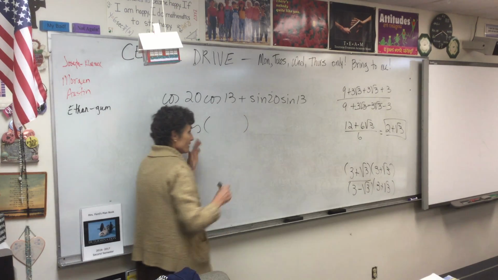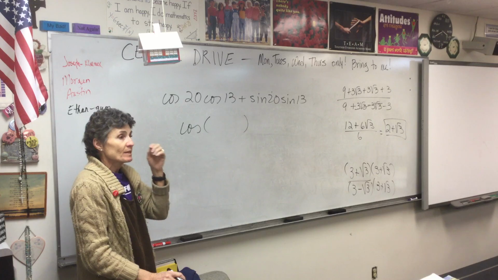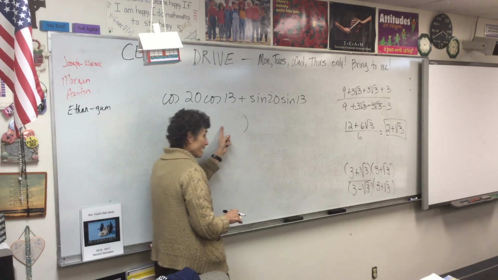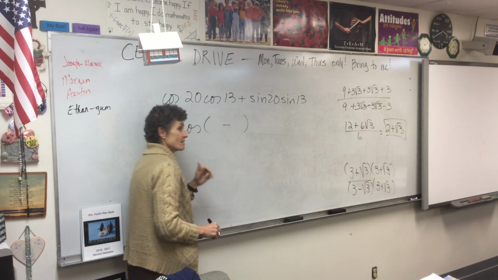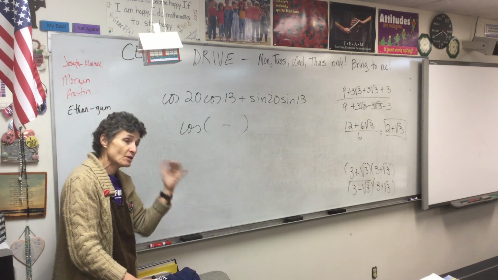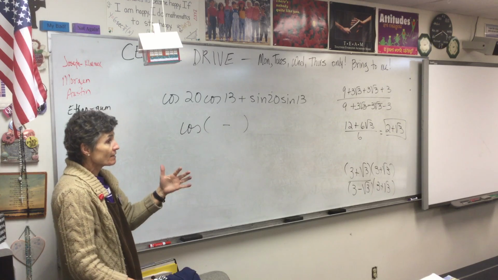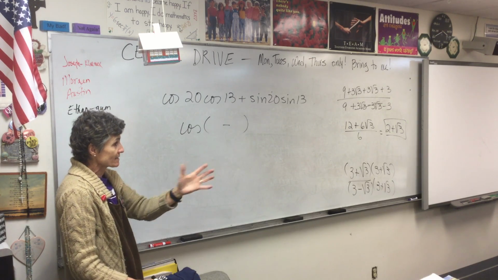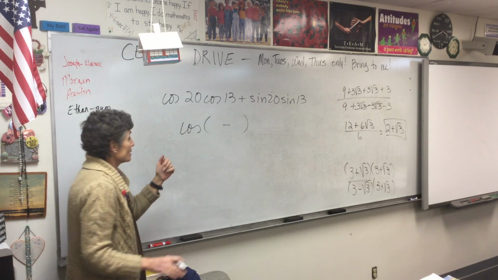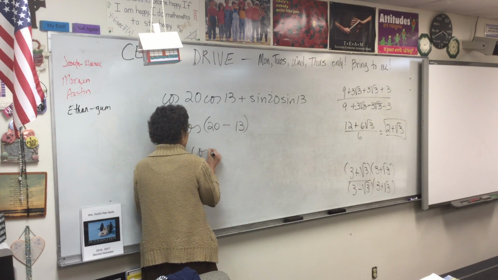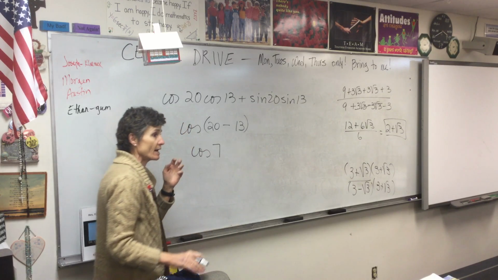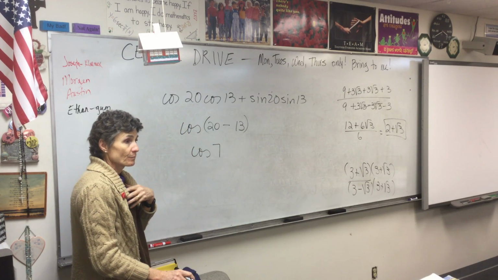So then you gotta figure out, is it the cosine of u plus v or u minus v? Minus, because in the cosine formulas, the signs don't match. The sine formulas, the signs are the same. Your u is 20, your v is 13, so the answer to the problem is cosine 7.